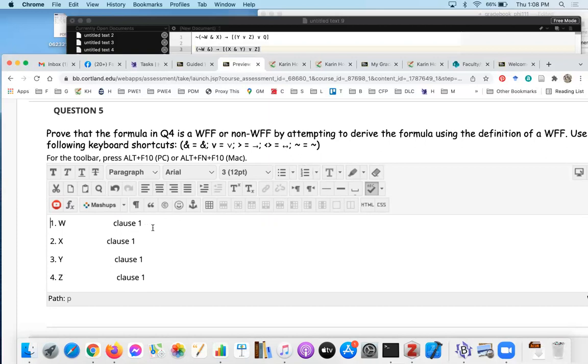So after you write the justification, go back in and remove those periods that Blackboard is helpfully trying to include. Okay, so that's how you do the derivations that I'm asking you to. And there's an example there where it is a WFF and also where it isn't. So hopefully that helps you as you're trying to do these exercises.